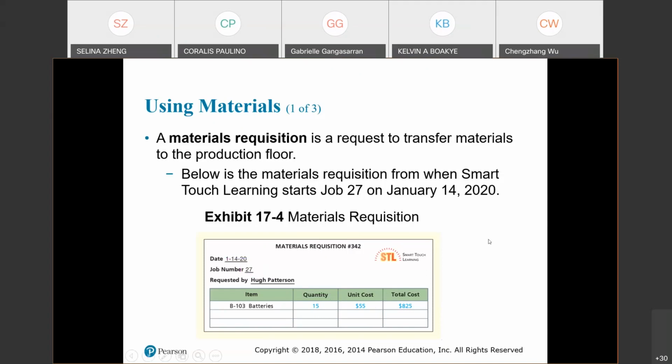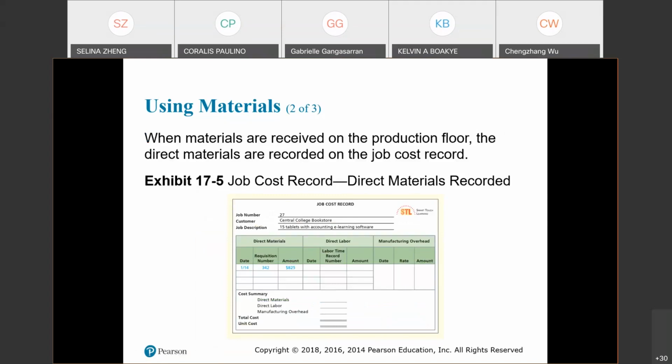So with this materials requisition sheet, these requisitions can be recorded on the job cost record for job 27.